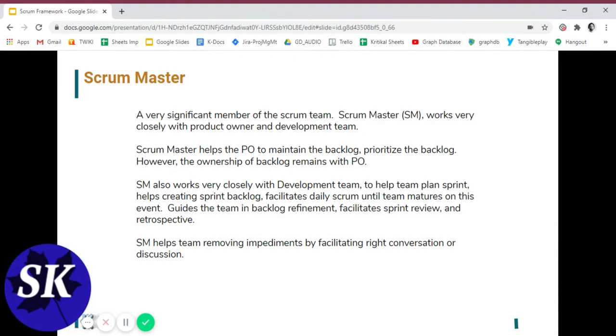They also see, not just limited to Scrum events, but there could be a conflict within the team itself, right? So the Scrum Master sees those conflicts and helps the team address and resolve those conflicts. The Scrum Master does not resolve those conflicts; however, they guide and facilitate the team to resolve them.